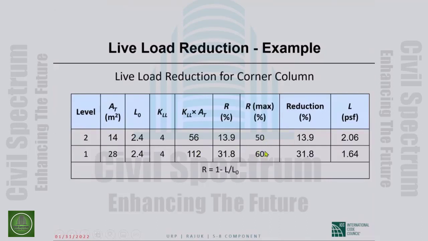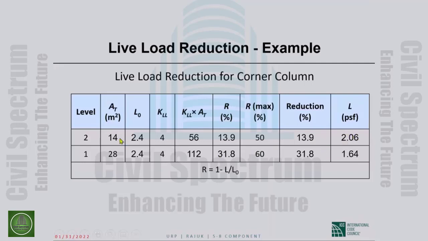Here, the maximum reduction we can take is 60. Remember, 2 or more floors. We cannot go below 40% of unreduced live load, means we cannot take more than 60% reduction. So actual reduction is 13.9% here, 31.8% here.